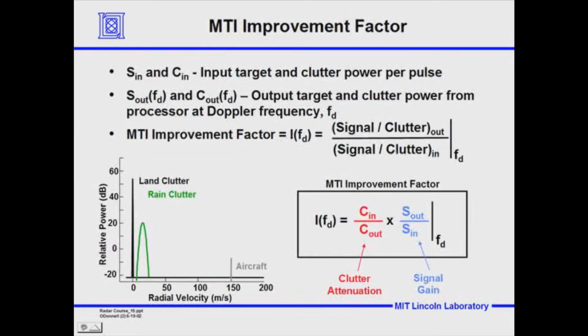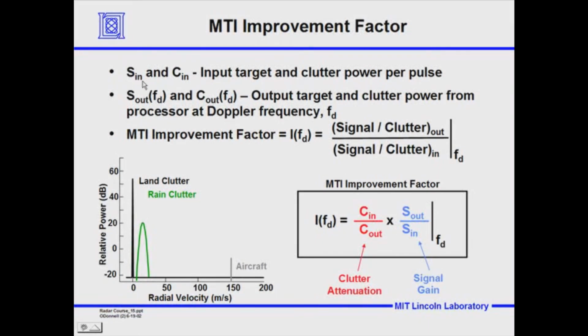Okay? Now, how do we evaluate how well an MTI circuit works? We do that with a quantity called the MTI improvement factor. And we've really got 4 quantities we're dealing with.